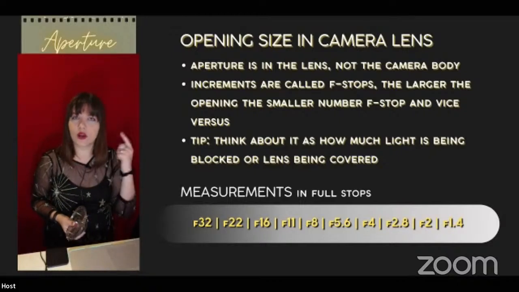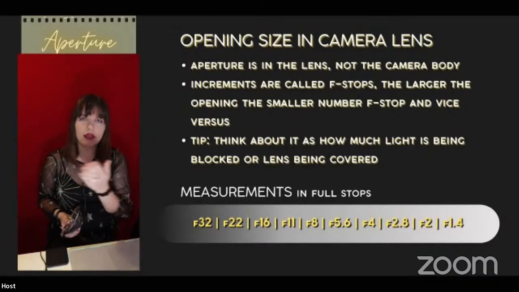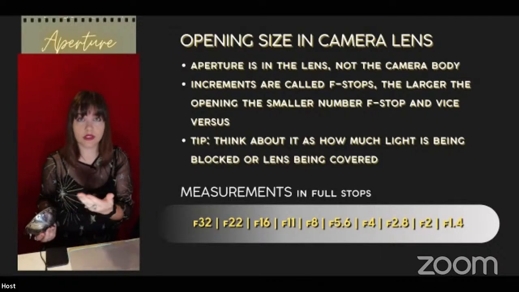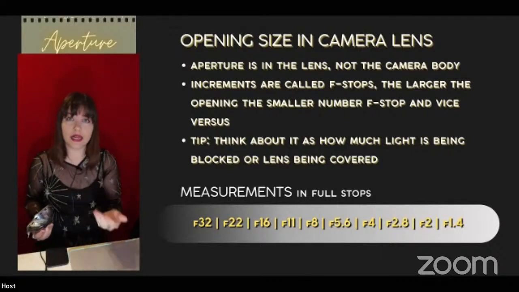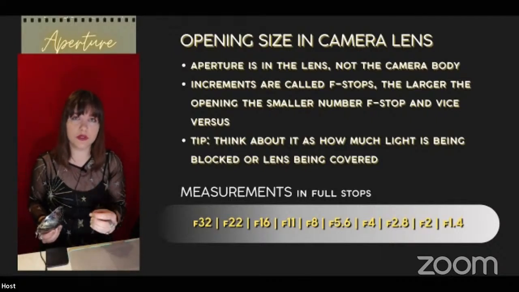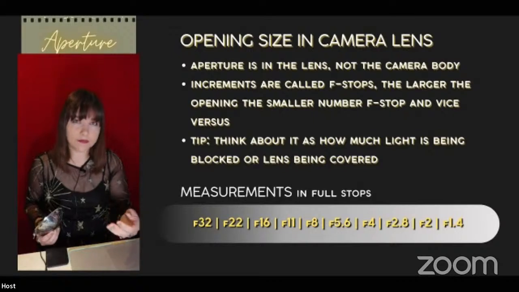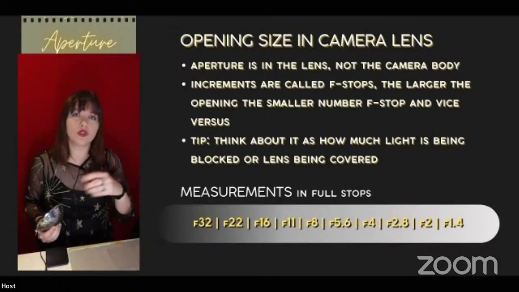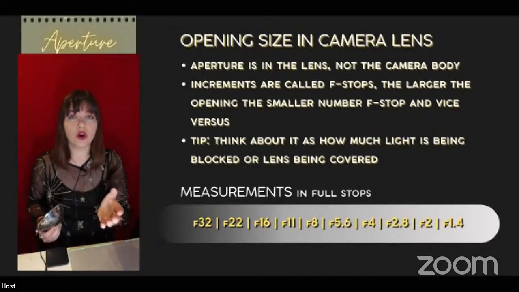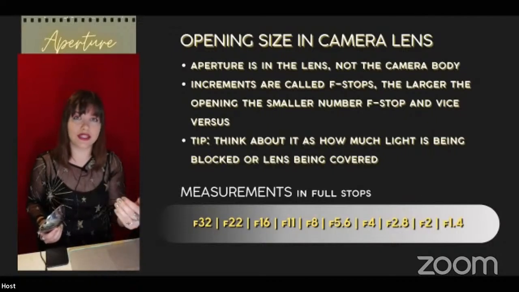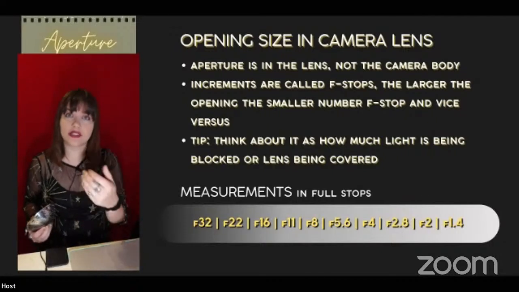I know for me, I always got the relationship between the f-stop numbers and how much light I was adding or subtracting confused until I started thinking about how much light I was blocking. So if I want to block more light, I need to go higher: f8, f11, f16.